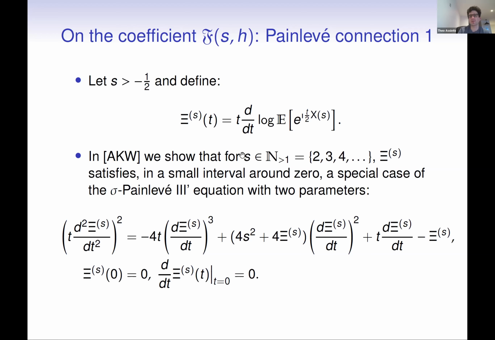So that's where these restrictions come from. Again, a small interval around 0 is because this characteristic function might vanish. And then s needs to be bigger than 1.